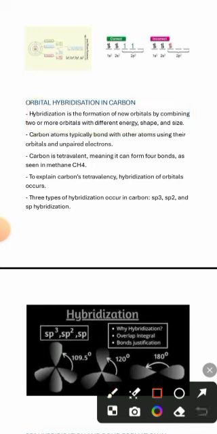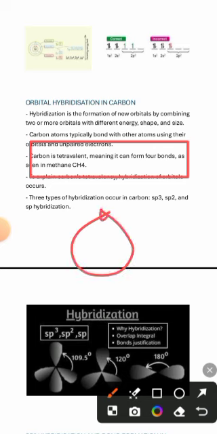Carbon atoms typically bond with other elements using their orbitals and unpaired electrons, and they typically undergo tetravalency, which means they can form 4 bonds. They can form 4 bonds because they have 4 unpaired electrons in their outermost shell.